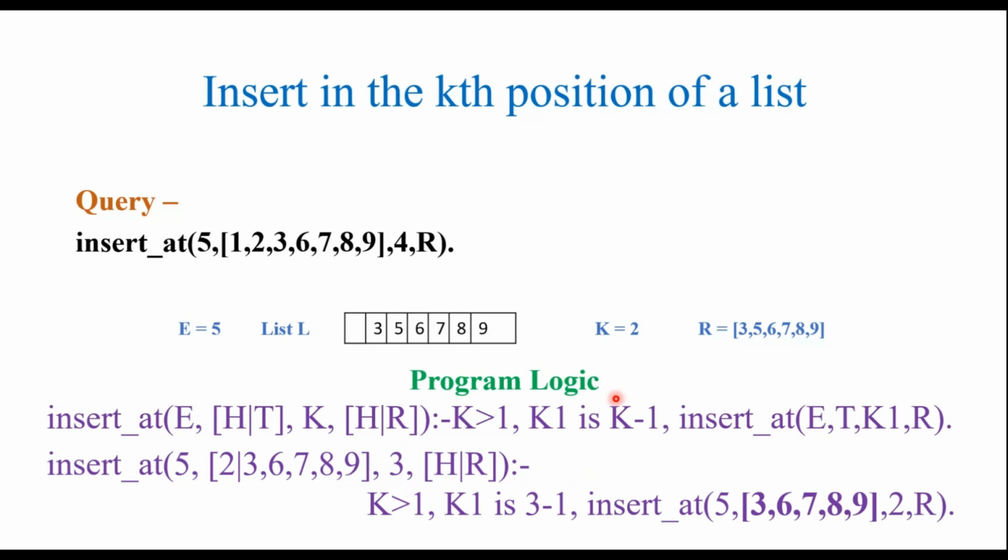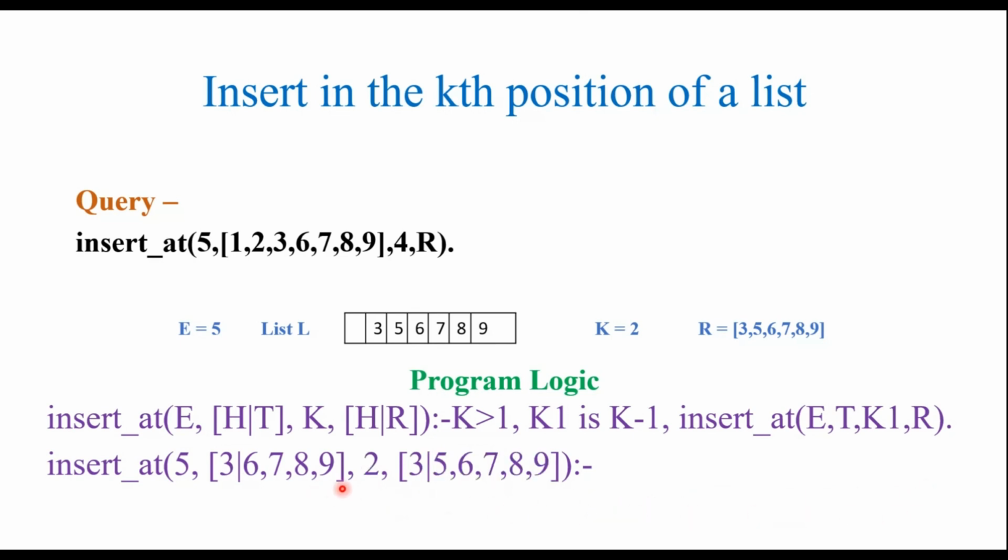Now moving further, we see that this particular input actually called the rule and recursively called this function with the updated value, where the list was 3, 6, 7, 8, 9 and the value was reduced to 2. And this R was received from where?